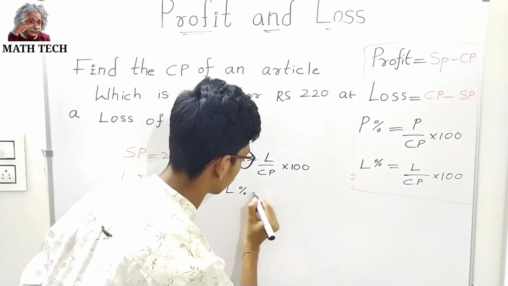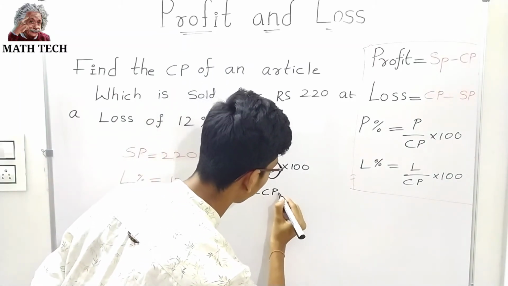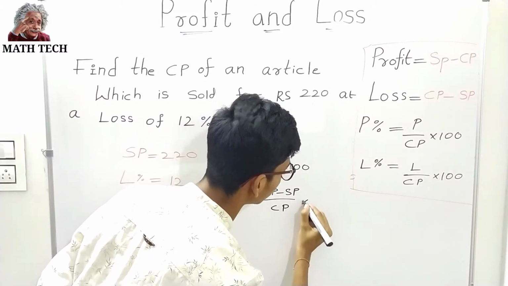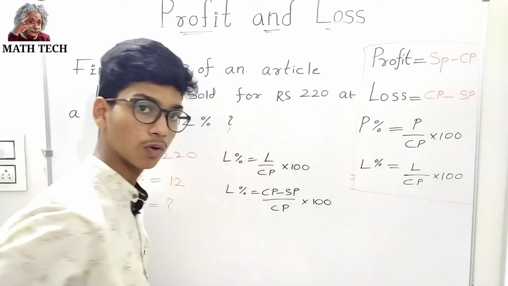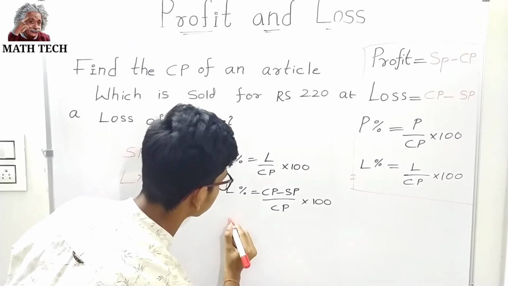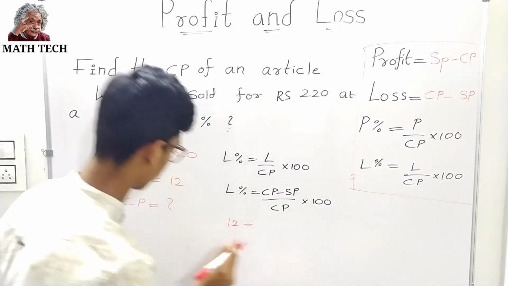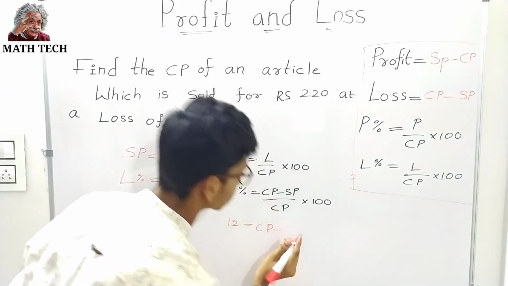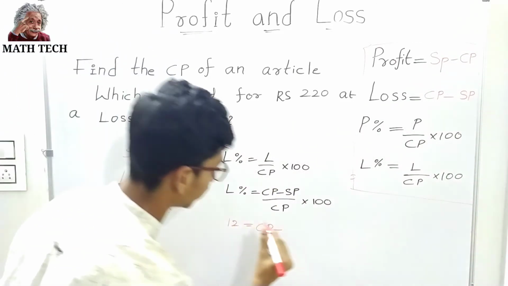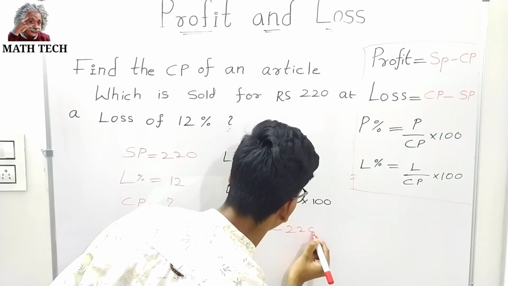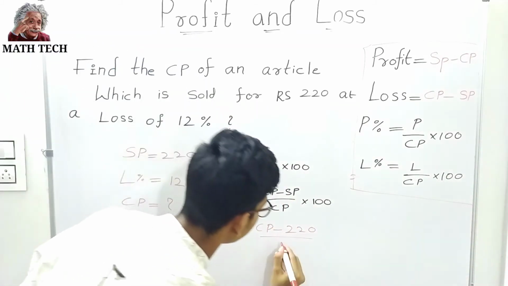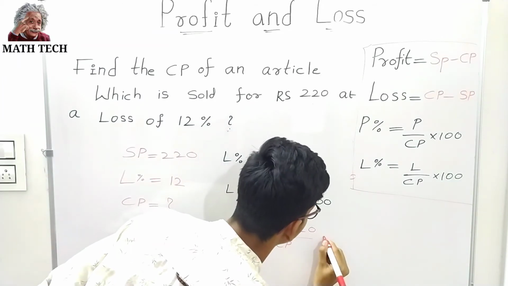So loss percentage is equal to CP minus SP by CP into 100. Now loss percentage is 12, and the selling price is 220, so 12 is equal to CP minus 220 by CP into 100.